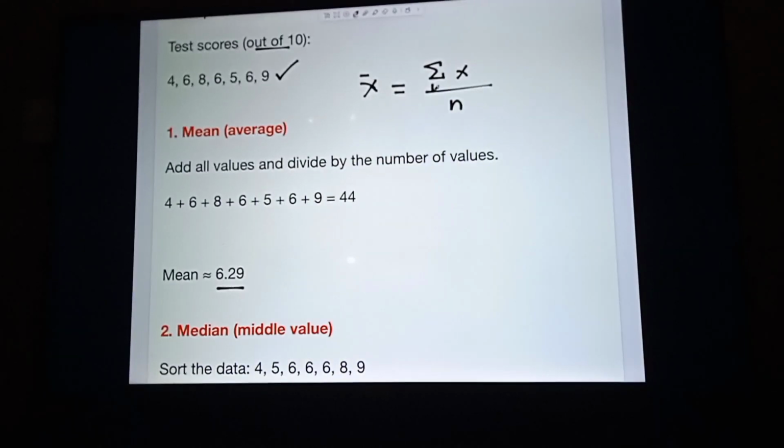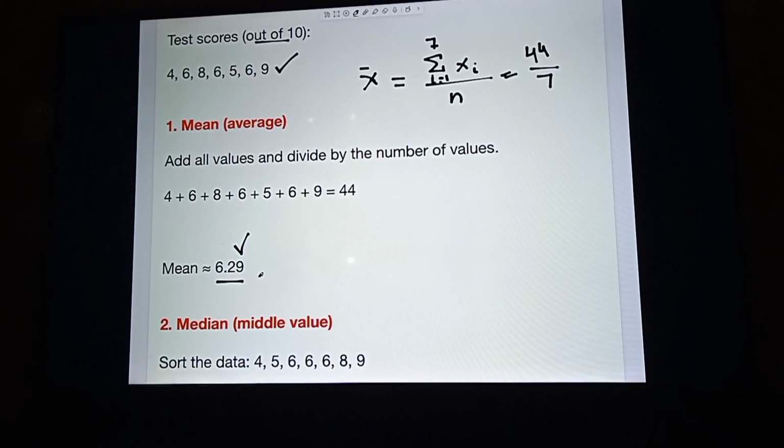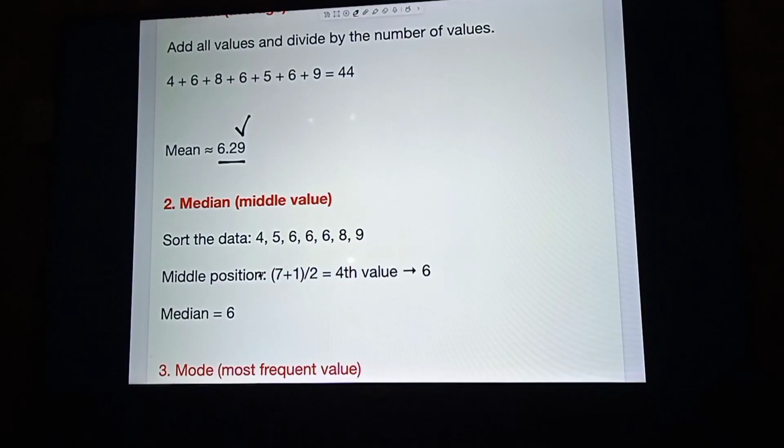So i runs from 1 to 7. You add 7 values. When you add all, you get the sum 44, and 7 values are there, so 44 divided by 7 gives you 6.29. So mean is 6.29.